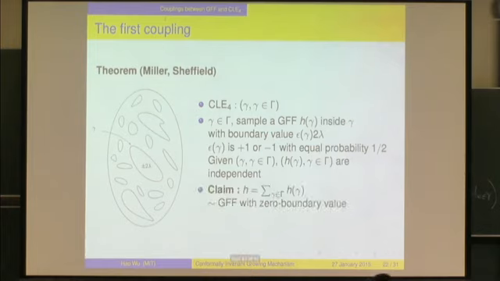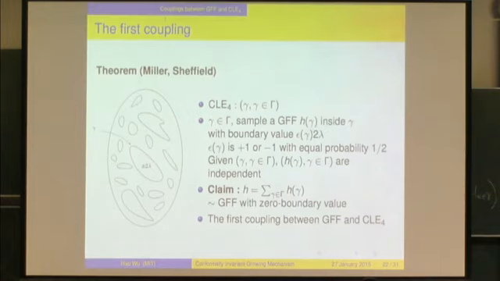The claim here is that the sum of all these Gaussian free fields has the same law as a Gaussian free field with 0 boundary value. So in this procedure, we give a coupling between the CLE4 loop configuration and the Gaussian free field. This is the first coupling, claimed by Miller and Sheffield in 2010.